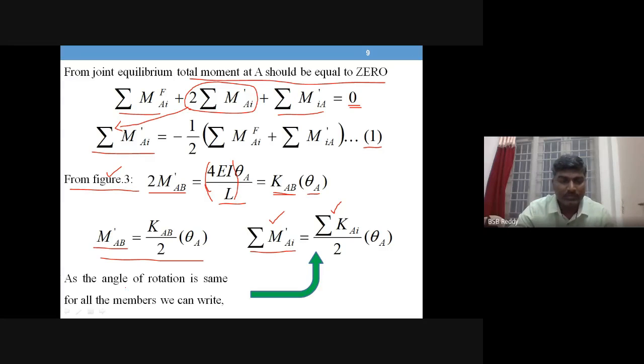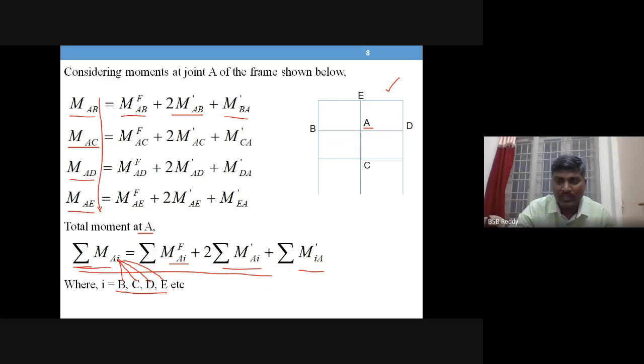Okay, so the angle of rotation is the same for all the members in a joint. If A rotates by an amount theta A, clockwise, all the members will rotate by the same amount.